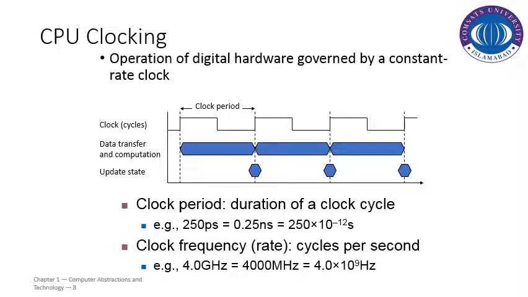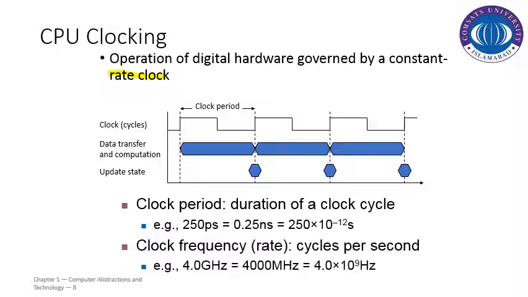All those sequential modules that retain clocking information in order to operate require a CPU clocking mechanism. For example, for a digital hardware with a constant clock rate, say a processor with a 3 gigahertz clock, that means its internal circuit is operated with a clock frequency of 3 gigahertz.